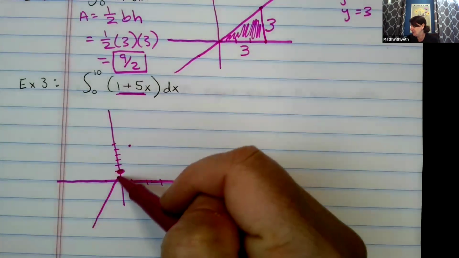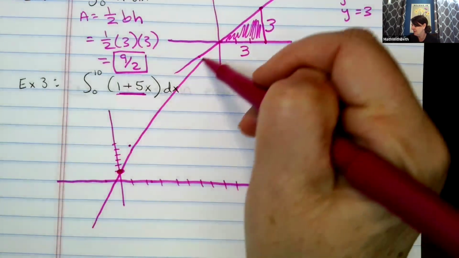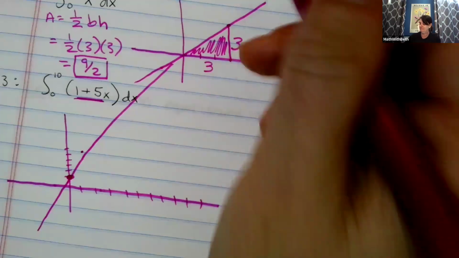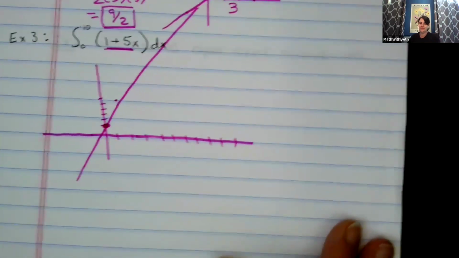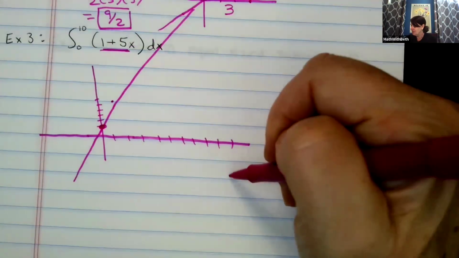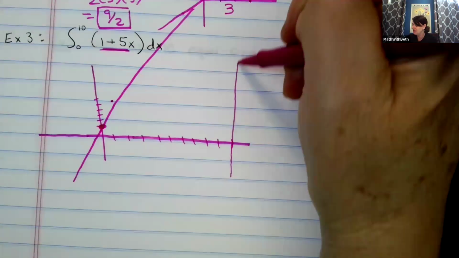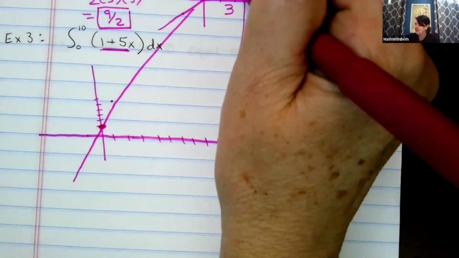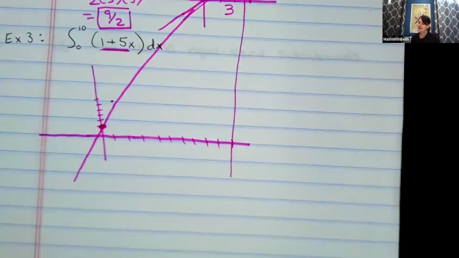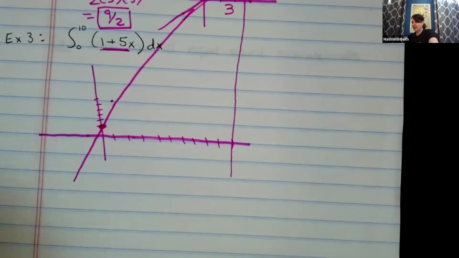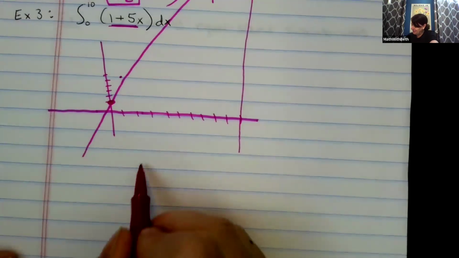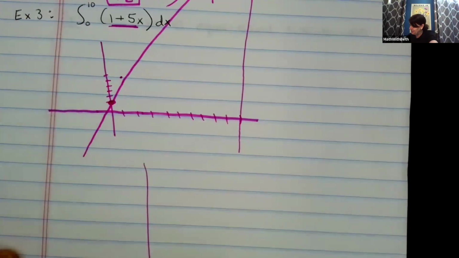So it's going to be really steep. If I'm looking at what happens when x is 10, it's going to be way up here. So maybe I should redraw that down here and go by 2's maybe. So 2, 4, 6, 8, 10.